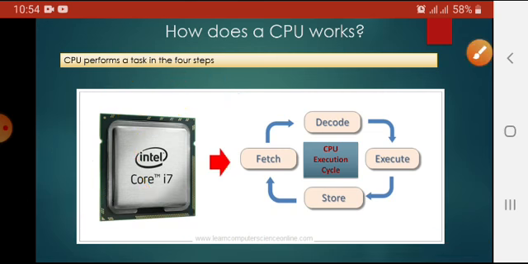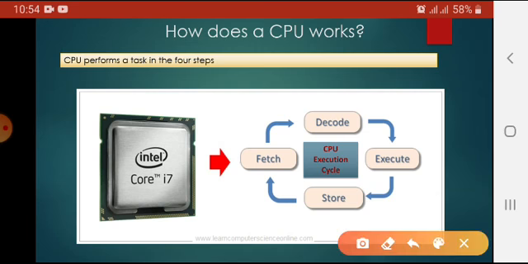This rectangular box is basically the system unit. A CPU is the small square chip, and this CPU chip is placed on the motherboard, which is present inside the system unit.